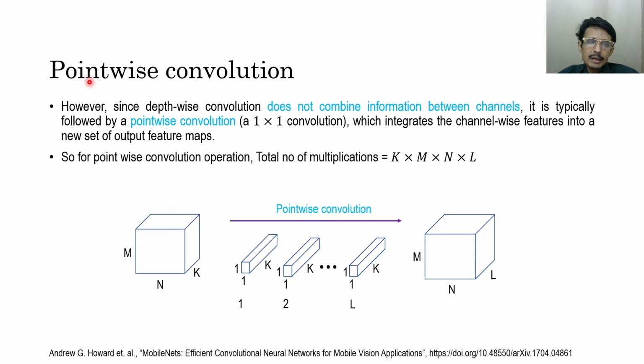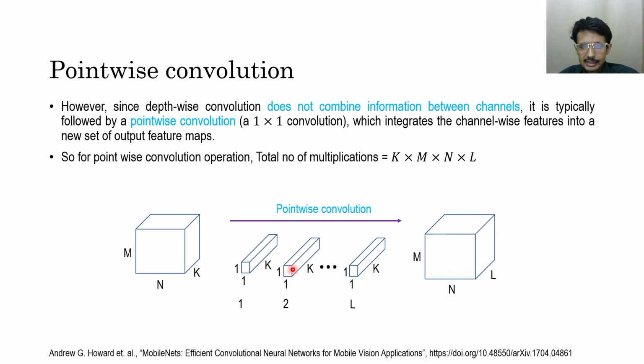Now, what is the pointwise convolution? This depthwise convolution doesn't combine the information between channels, because each channel is separately treated. So it is typically followed by a pointwise convolution, a one by one convolution, which integrates the channel-wise features into a new set of outputs. Now you can see this is one filter, only one pixel, but for all K channels.